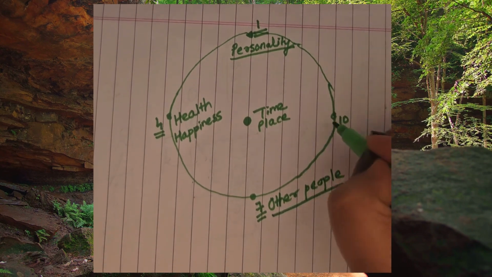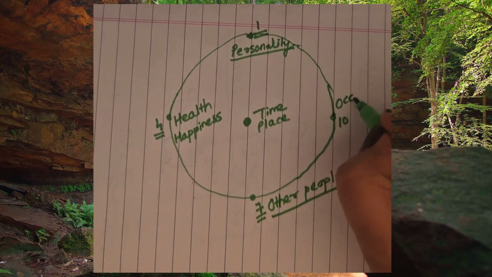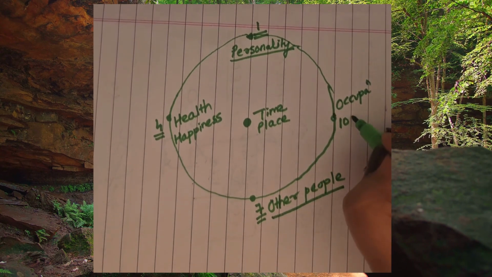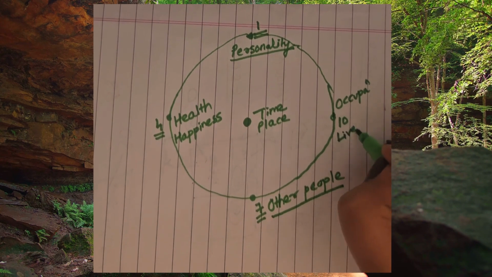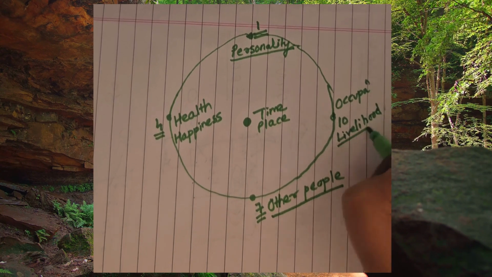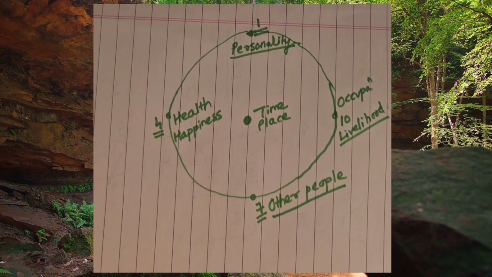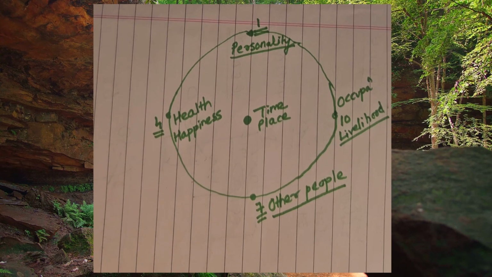And the fourth pillar defines the occupation of the person, or what we call livelihood or jivana. That's why these four corners are the utmost important pillars of the horoscope.